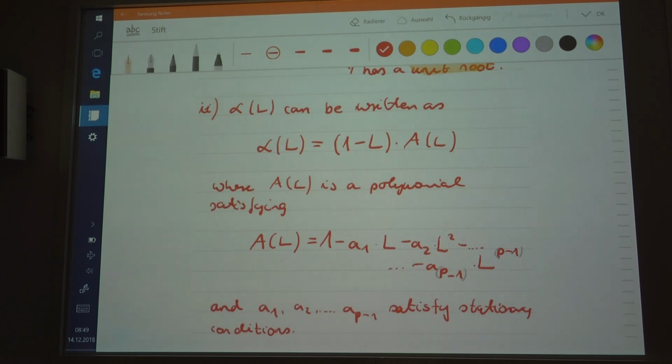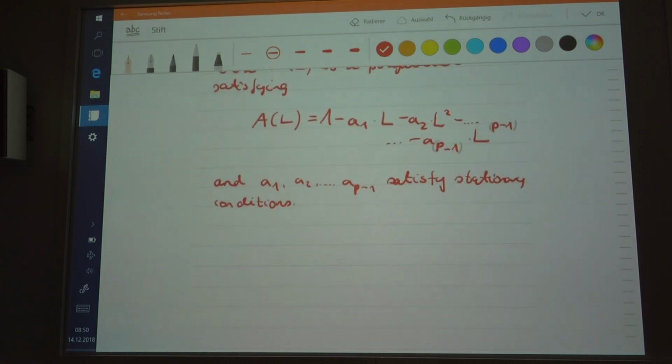Why is that? Because the process is integrated of order 1. So if you difference the process just one time, then the process is going to be stationary.